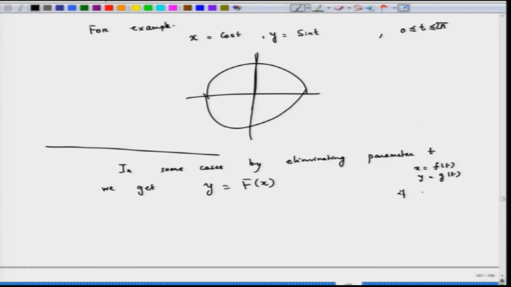Then in this case, t can be written as f inverse of x. Now this y, I can write as g of t, where t is f inverse of x. So here we are getting that y is equal to capital F, some other function of x.